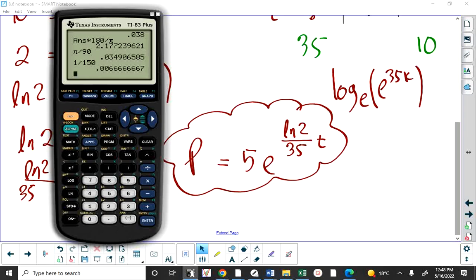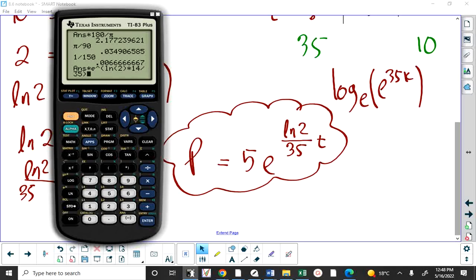So I'm going to take 5 times e raised to, in brackets, ln of 2 multiplied by the time of 14 divided by 35. You need to close the brackets after the 2. Otherwise, you'll be taking the natural logarithm of a lot more than 2. Answer times... No. Why do I have answer?